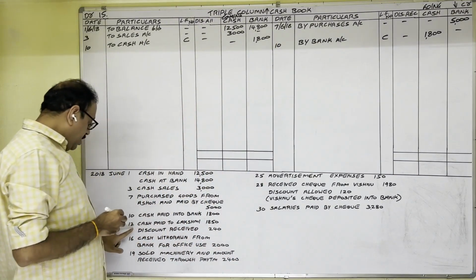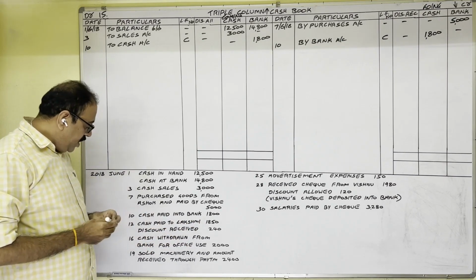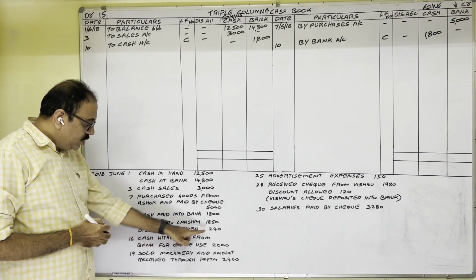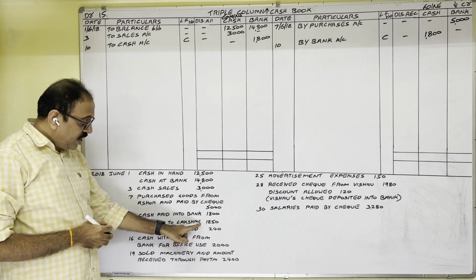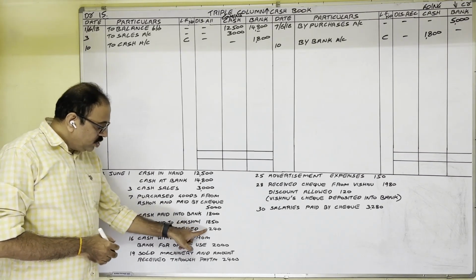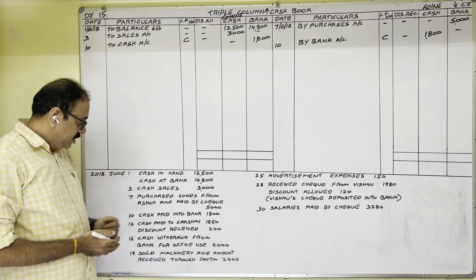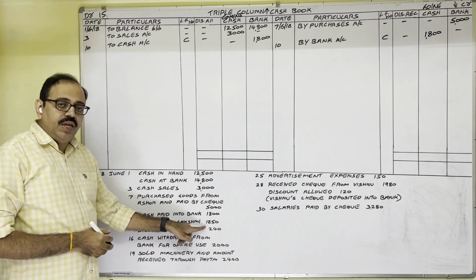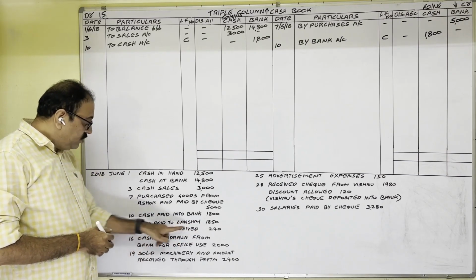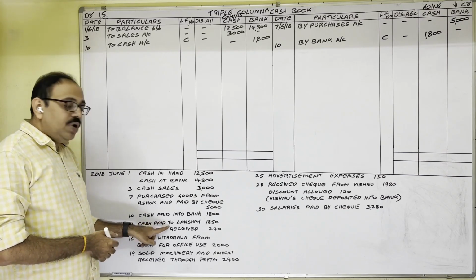Next, on 12th day, cash paid to Lakshmi 1,850, discount received 240. So this is one transaction only. We have to pay 2,090 rupees to Lakshmi. In full settlement, we paid 1,850 and we received a discount of 240 rupees. So we are paying cash to Lakshmi now.